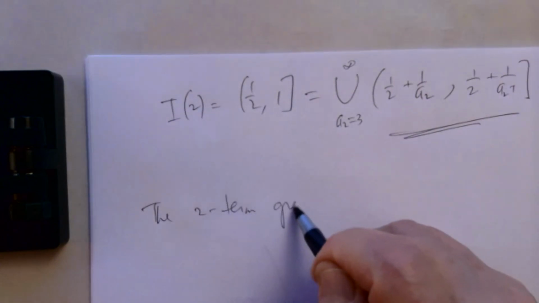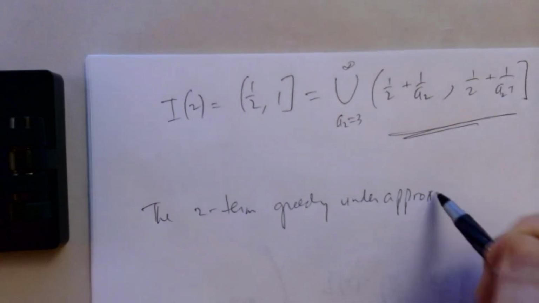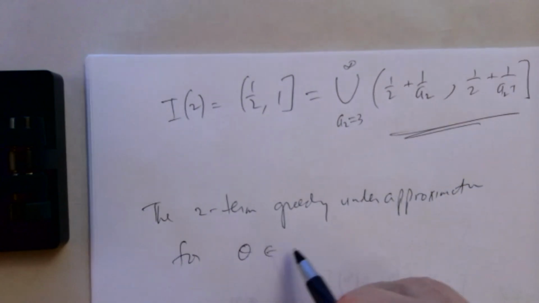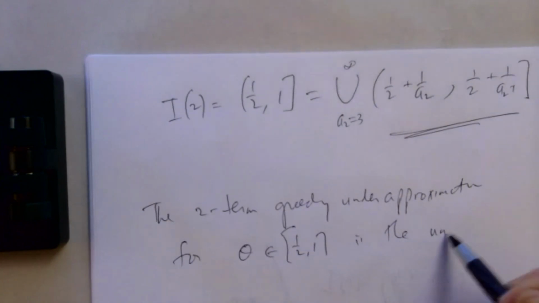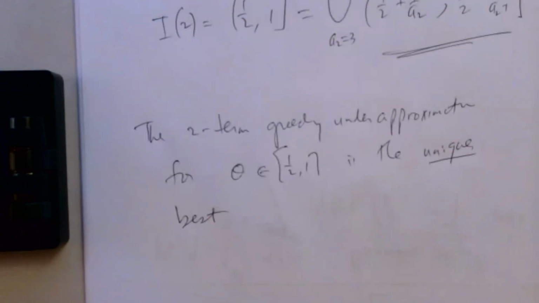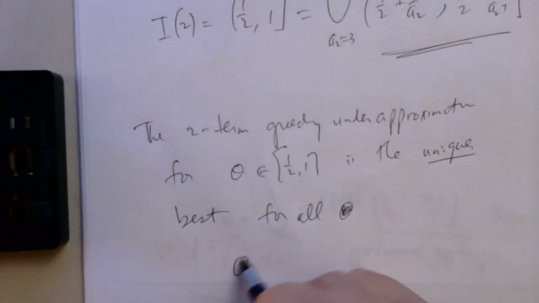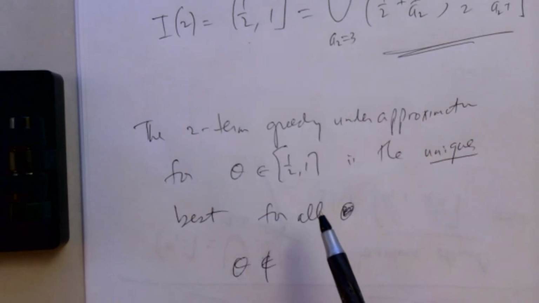The 2-term greedy under approximation for theta between 1/2 and 1 is the unique best under approximation for all theta in this interval from 1/2 to 1, unless it's in one of the following 3 subintervals.